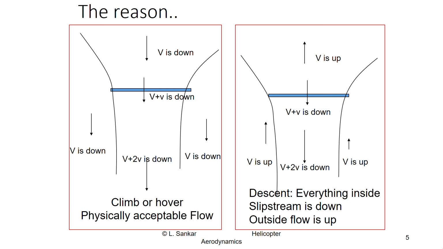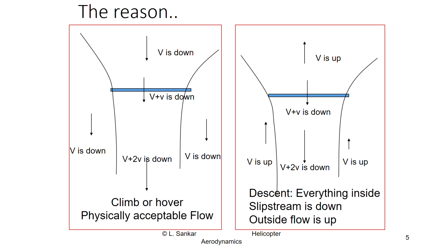Now, if you use the same principle or the same actuator disk model for the descent, then what happens is, outside the rotor disc, capital V is up now, because you're descending. Far above the rotor disc, capital V is up. But at the rotor disc, capital V plus lowercase v is down. So something is discontinuous.